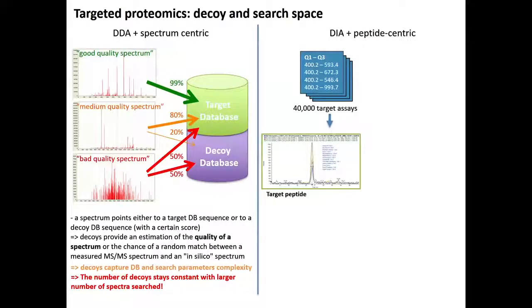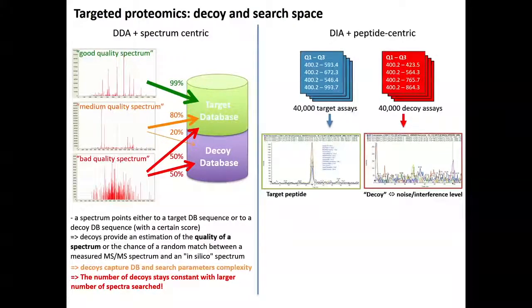While if you do a peptide-centric DIA approach, this is a little bit different. As I mentioned, you would have your peptide query parameters, your assay library. It's 40,000 target assays, so you extract those 40,000 target chromatograms.